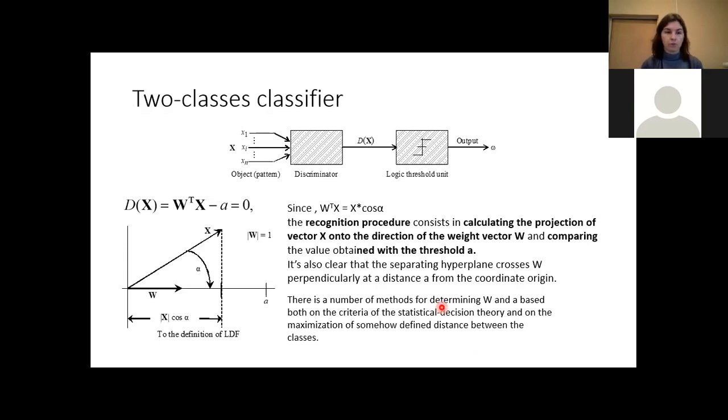Let's suppose we have two classes. It means that we may use logic threshold units, which compare the discriminant function with 0 and return 1 or 2 as the result of the comparison. Also, don't forget that this projection is a projection onto a direction, and it is the result of multiplying the length of the vector by the cosine of the angle.